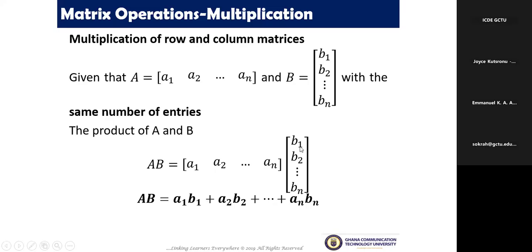So it becomes A1 times B1 plus A2 times B2 plus dash times dash plus AN times BN. So that is what gives you this.